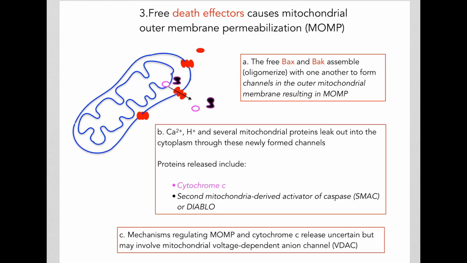Now, the mechanisms that regulate MOMP and cytochrome C release are still uncertain, but some reports suggest that there might be a protein involved called mitochondrial voltage-dependent anion channel, or VDAC. This is a transport protein that allows things to travel between the mitochondria and the cytoplasm.